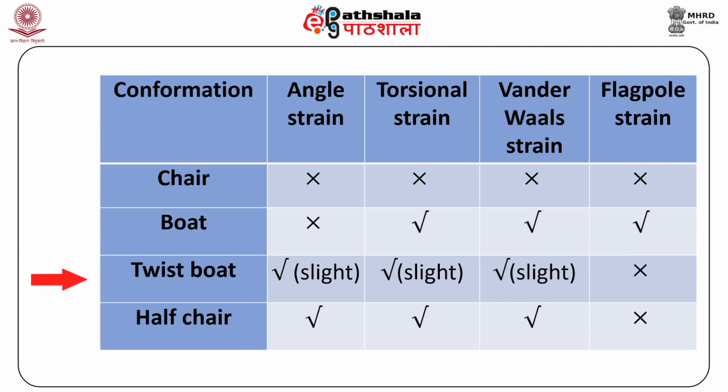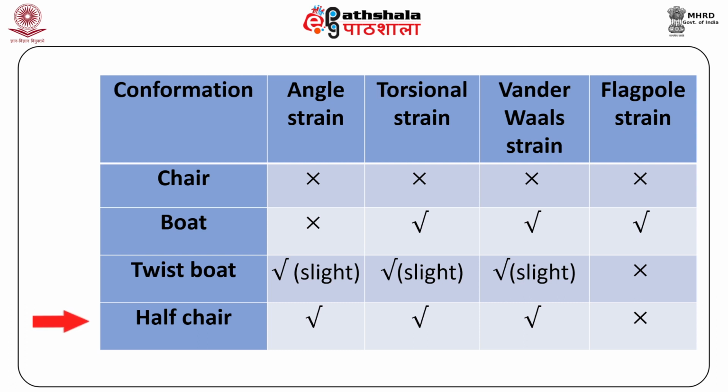Now, compare it with twist boat conformation. Twist boat conformation is slightly different than the boat conformation in a way that it has a very slight angle strain, it has a very slight torsional strain, it has a slight van der Waals strain, but no flagpole strain interactions. Whereas in half chair, the destabilizing effects are much more pronounced as compared to all other conformations.